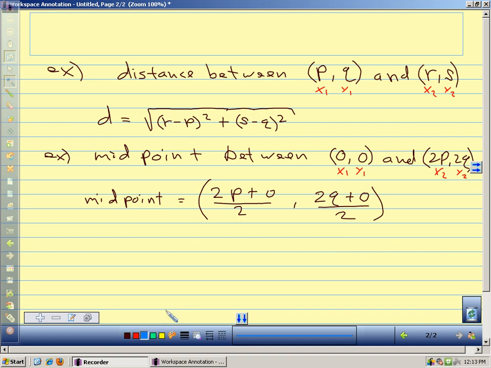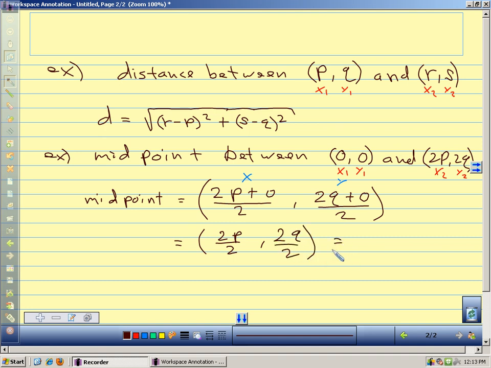And just as a reminder, this is a point. This is x and y. Now we can simplify this a little bit. What is 2p plus 0? If I added 0 to 2p, what am I left with? Just 2p. So this is 2p divided by 2. And 2q plus 0 is just 2q.